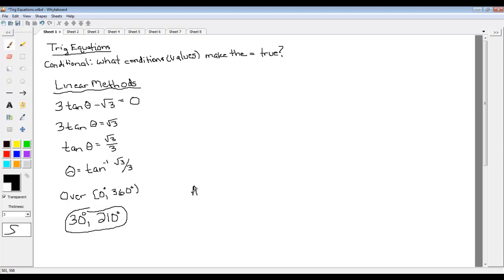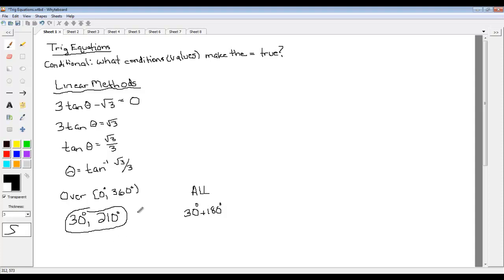Now if they ask you for all possible solutions, you've got 30 degrees. If you add 30 plus 180, you get 210. If you add another 180, you get 390, which brings you back to where 30 is.